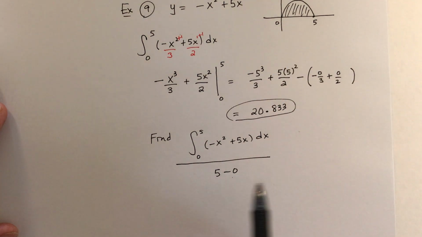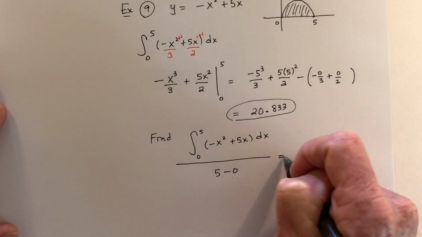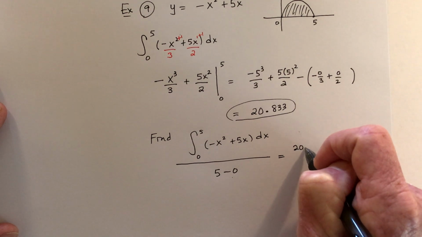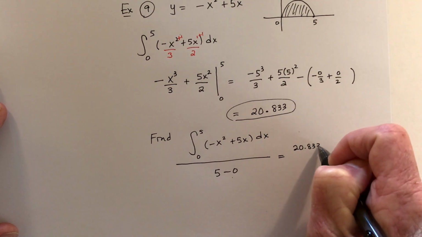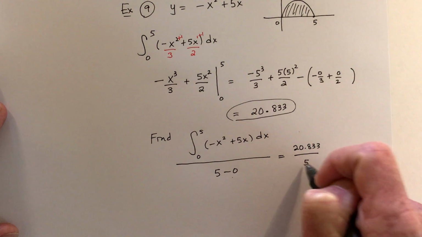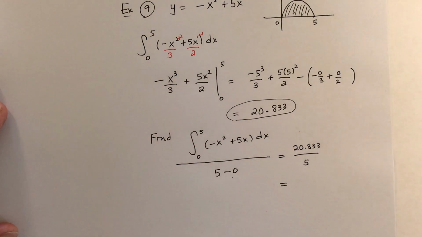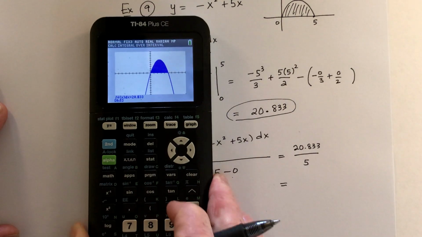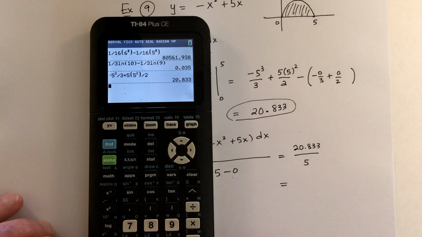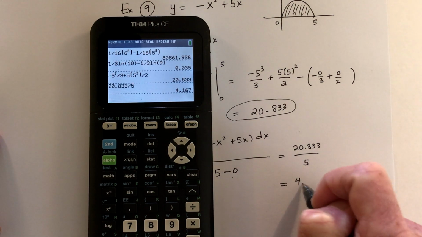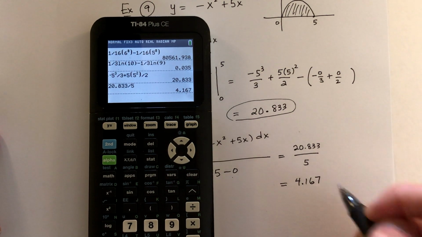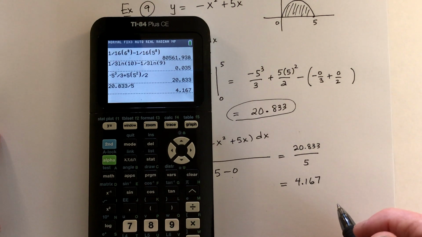So if you subtract them, that finds the length of the interval. So basically, if you take 20.833 and you divide by 5, then what does that equal? So take the 20.833, and if you divide by 5, it equals 4.167. And then what does that mean?